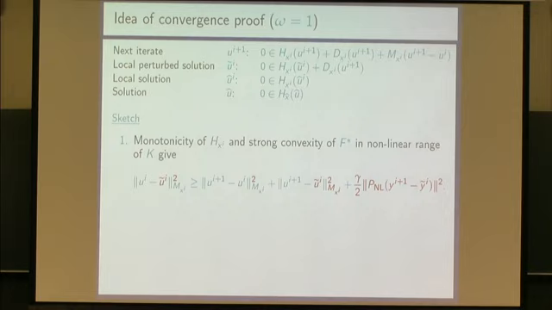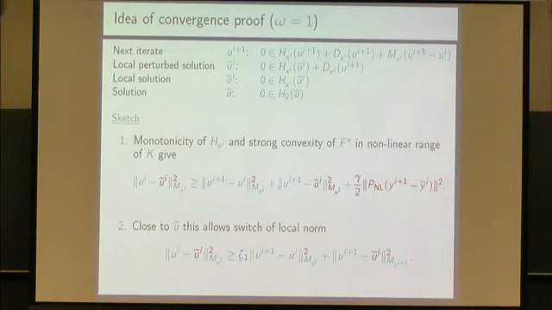preconditioning matrix. And what we want to do now is, first of all, here switch the preconditioning matrix to the next one, and same with the perturbed solution, and also switch from the perturbed solution to the local solution, and so on. We can do that using this thing that we get from the strong convexity.